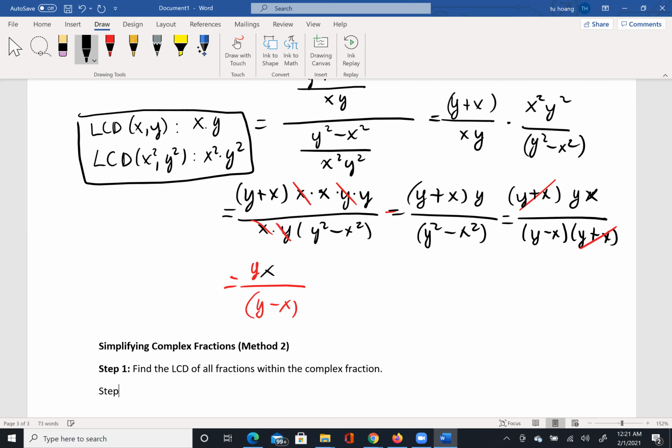Step 2. You're going to multiply the numerator and denominator of the complex fraction by the LCD.